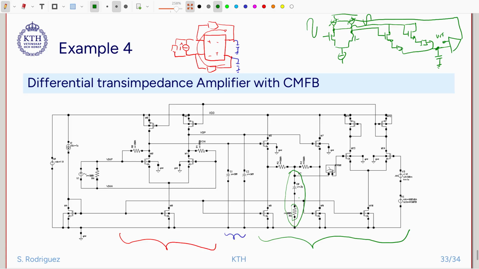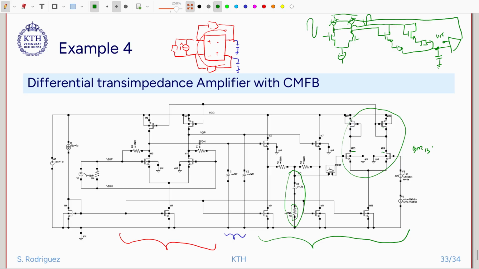For the amplifier, it is a very simple differential amplifier with active loads and diode connected loads. The diode connected load is very important because the gain of this amplifier is very little. The gain of the amplifier is approximately the gm of these transistors, M13 or M14, times the load here.